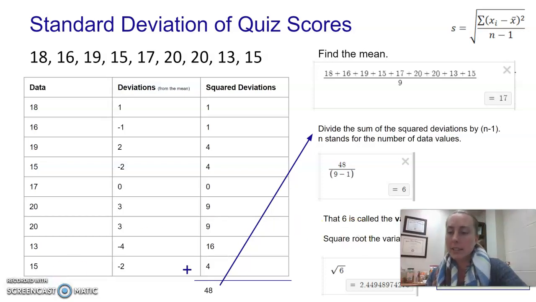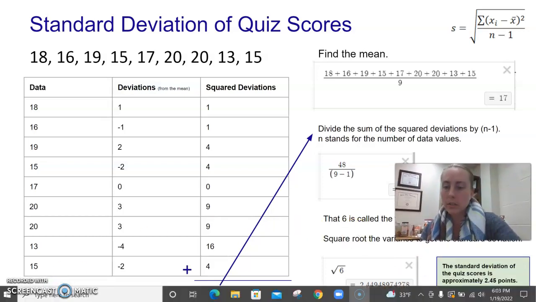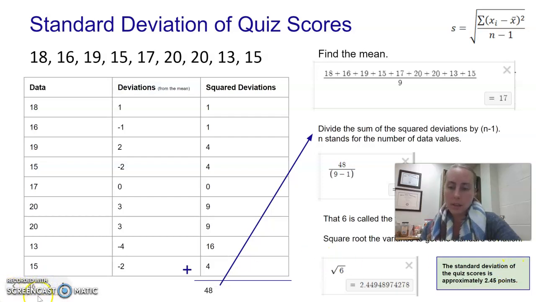So the final answer is the standard deviation of the quiz scores is approximately 2.45 points. That means that the average distance that each score is away from the mean is about 2.45 points. Each person's quiz score is about 2.45 points away from the mean. That's what that standard deviation is telling you.